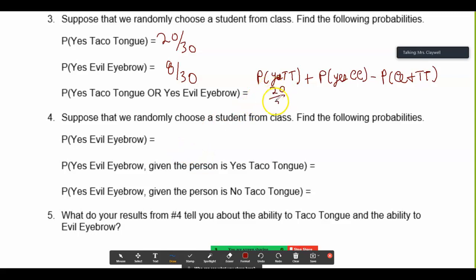So I'd have 20 over 30 plus 8 over 30 minus 7 over 30. That gives me 21 over 30.